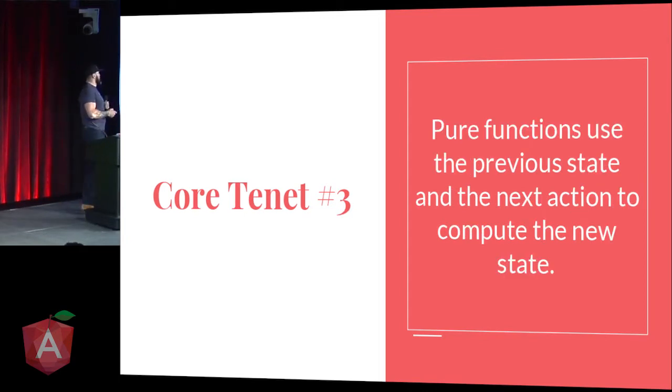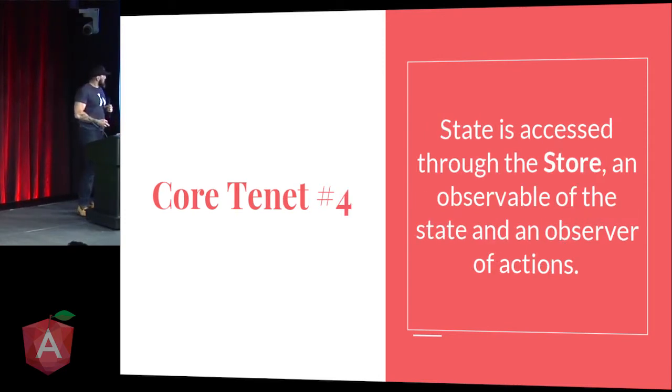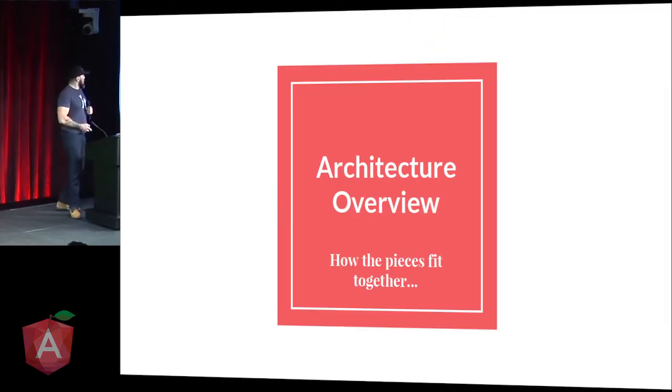And then the state changes through the use of pure functions. That's the only way you have the ability to change your store. This is done inside of a reducer. A pure function uses the previous state and the next action to compute a new state. Finally, state is accessed through the store, which is an observable of state and an observer of actions.